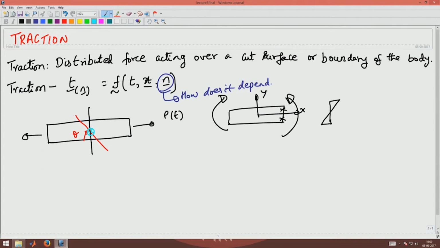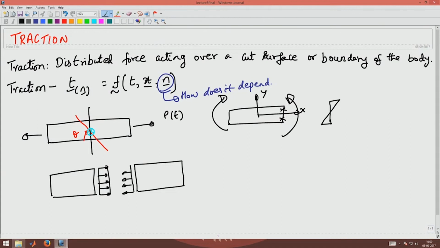Let me assume that this force is uniformly distributed. So if I cut it like this, in this cut there will be a uniform distribution of stress or force, and the same here, such that these stresses have the same magnitude but are opposite in direction.